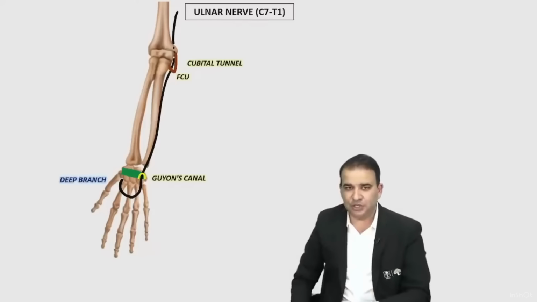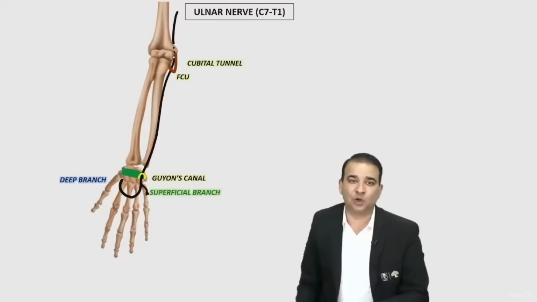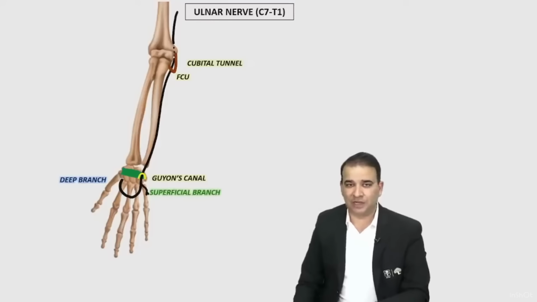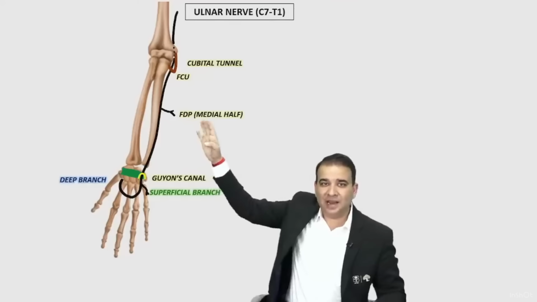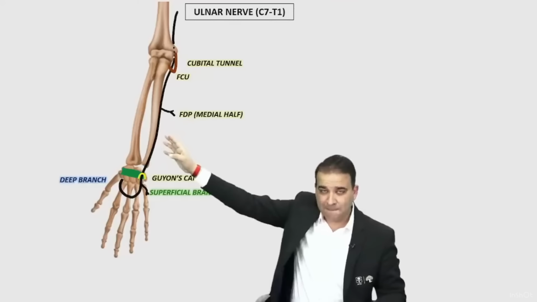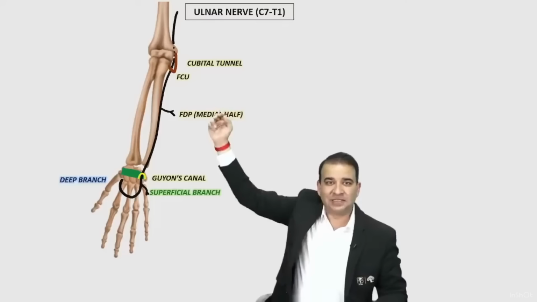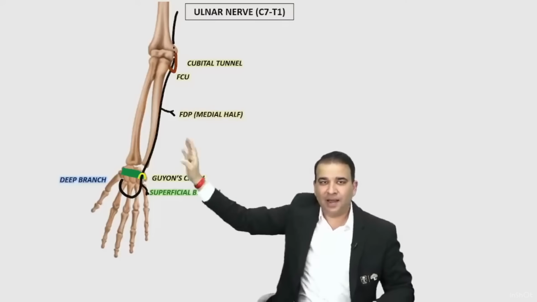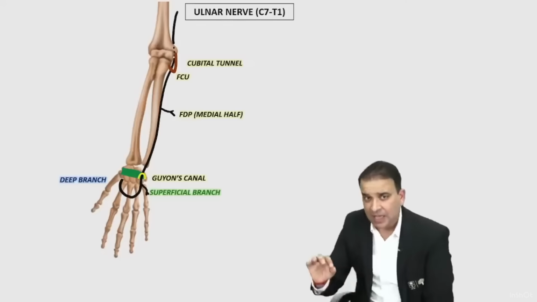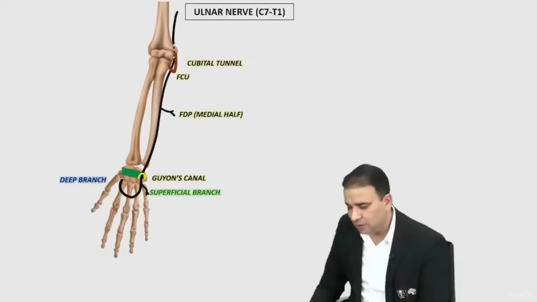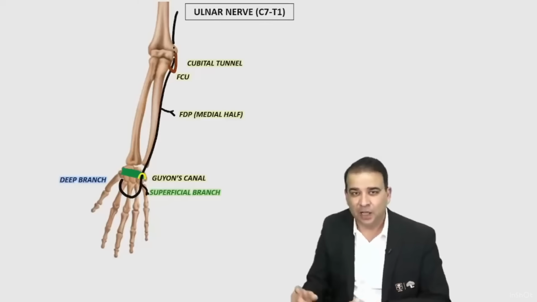But there is a superficial branch also for the ulnar nerve. As I said, it supplies the medial half of flexor digitorum profundus in the forearm. That's only 1.5 muscles: one is flexor carpi ulnaris, and half of flexor digitorum profundus is supplied by the ulnar nerve. And then the majority of the muscles of the hand will be supplied by the ulnar nerve.